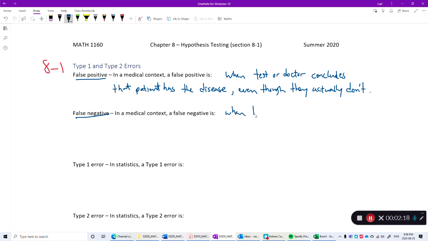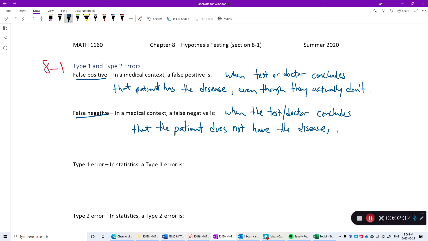It's when the test or the doctor concludes that the patient does not have the disease, even though they do. So type 1 error is going to be like a false positive.